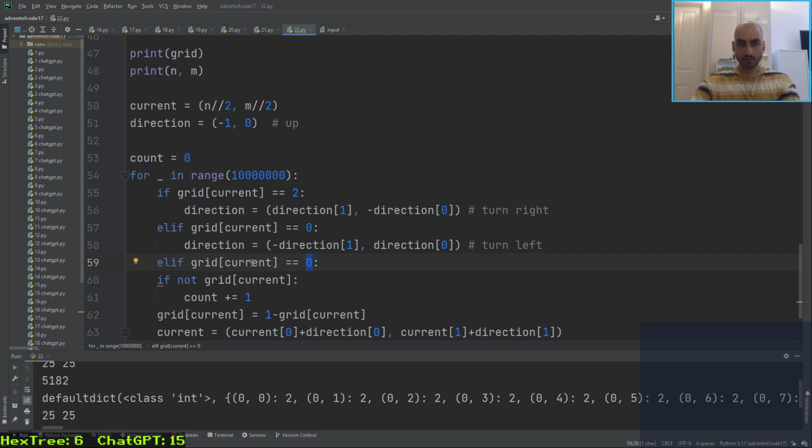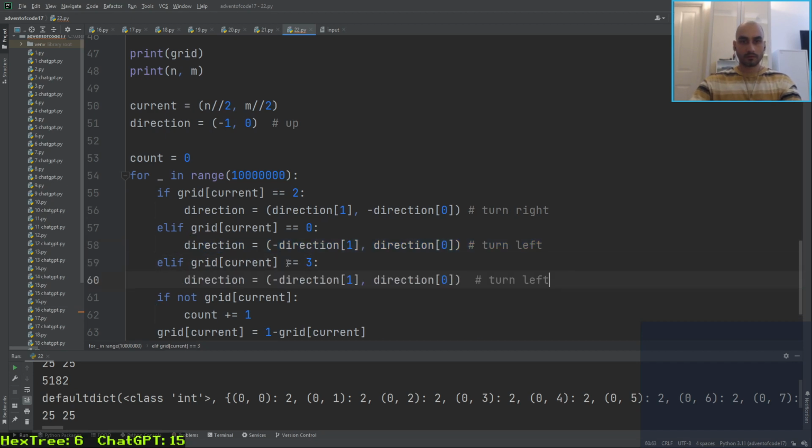So if it's 3, direction equals minus first parameter, minus second parameter. And then we turn 180.